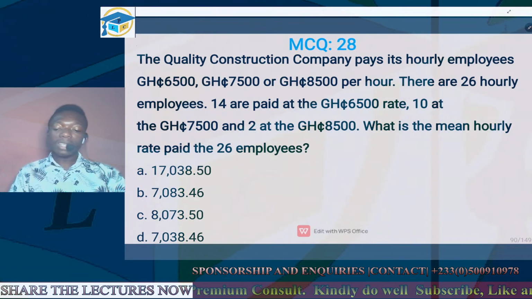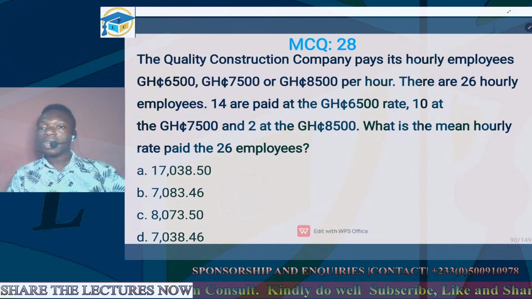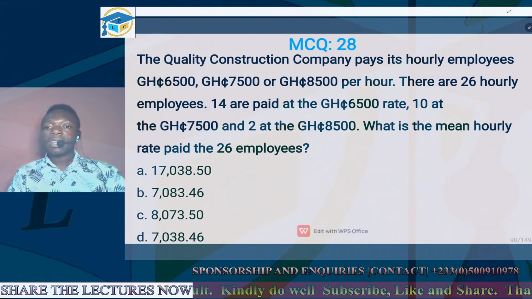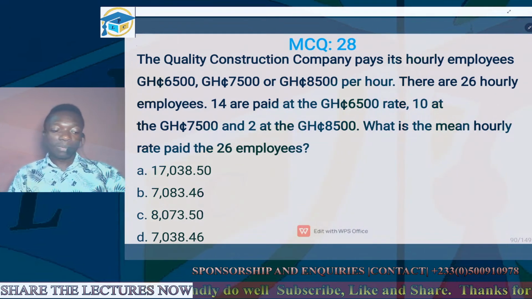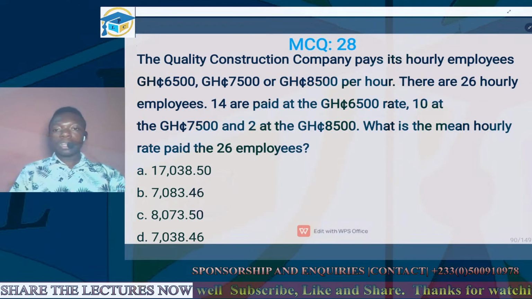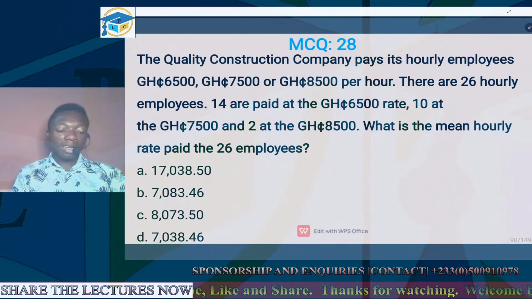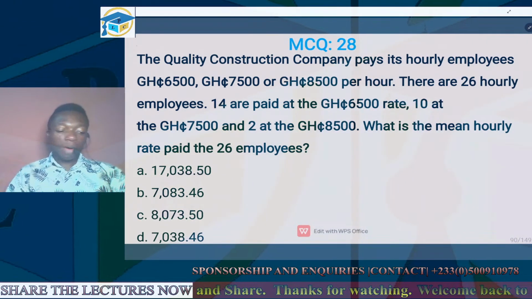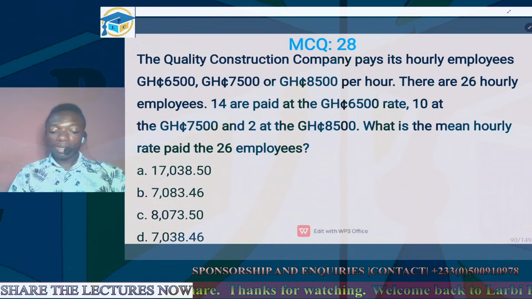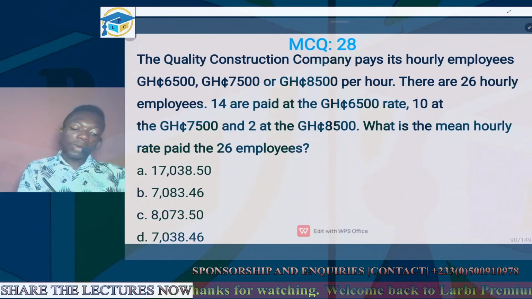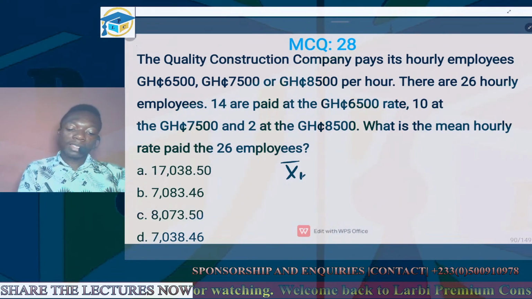So the question here is, what is the mean hourly rate paid to the 26 employees? This is also an application of a weighted mean. So the weight is going to be like this.